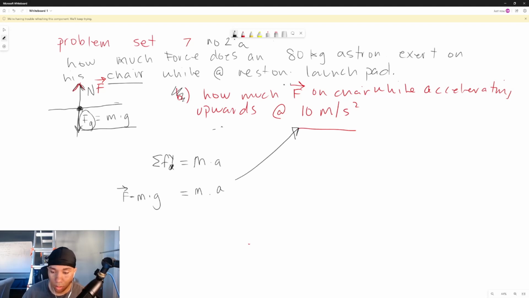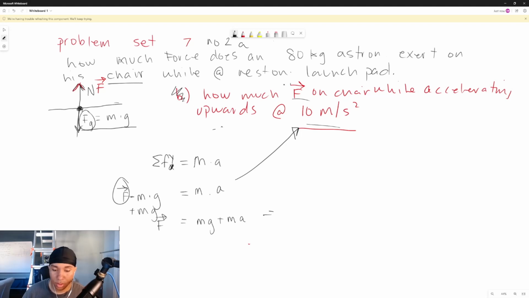So, we want to solve for F, to see what force he exerts on his chair while accelerating at 10 meters per second squared. We would set them equal to each other and add mg. So in all reality, the force is equal to mg plus ma.